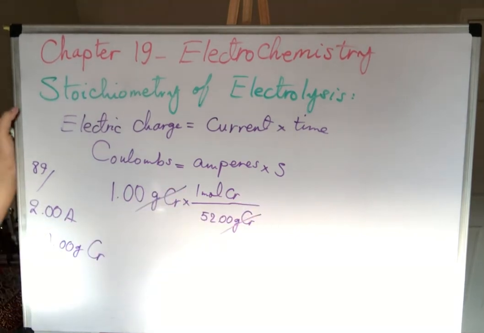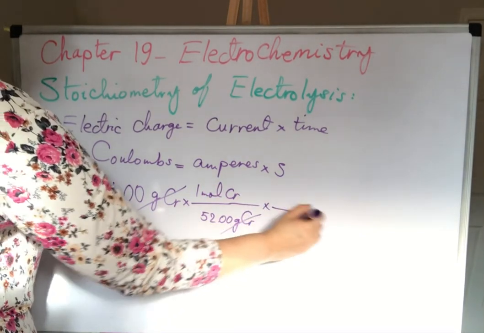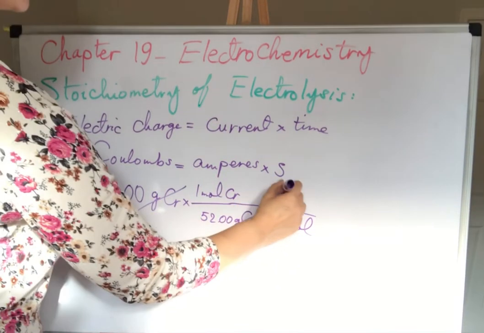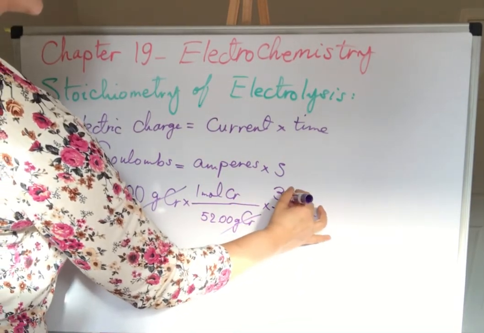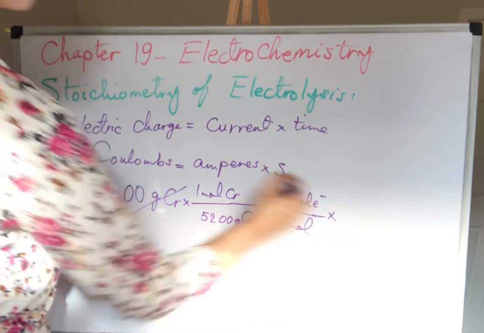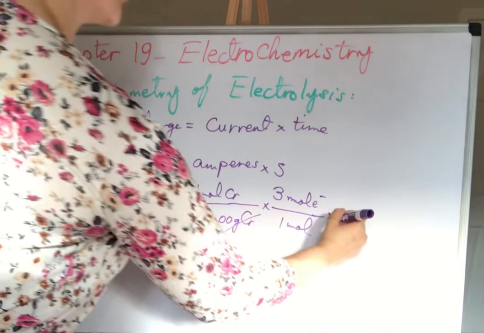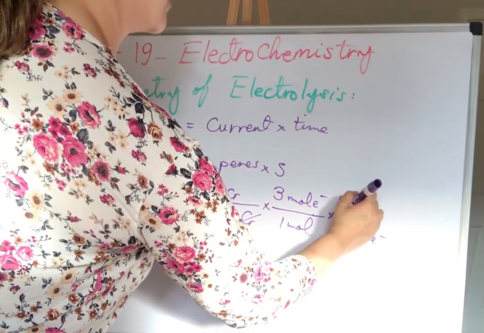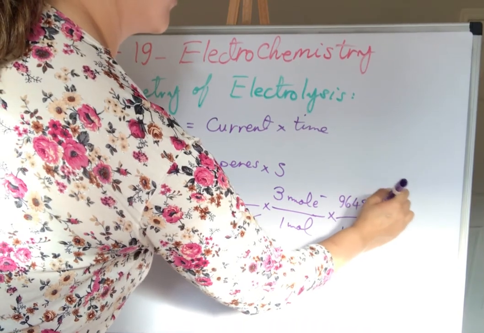Then 1 mole of chromium, it says chromium 3, so it transfers 3 moles of electrons. 1 mole of electrons is 1 Faraday. 1 mole of electrons is 96,485 coulombs.